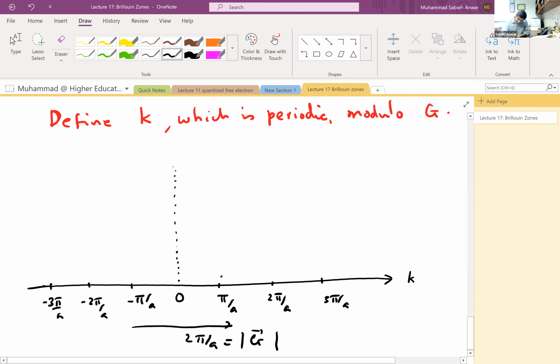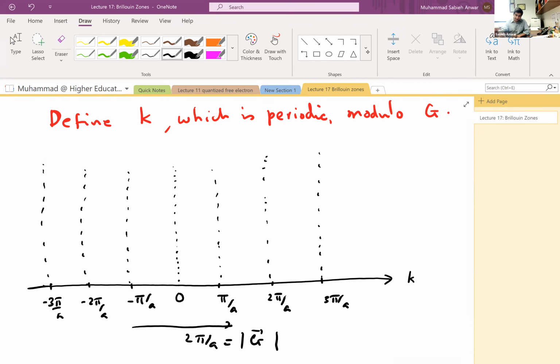And let me just draw these visual guides here. All right.